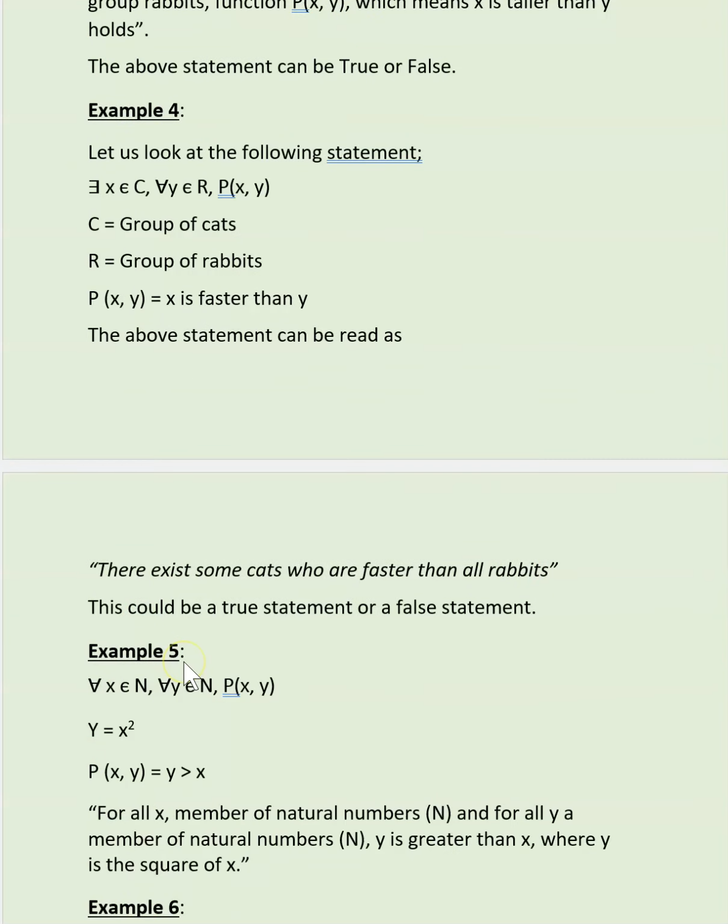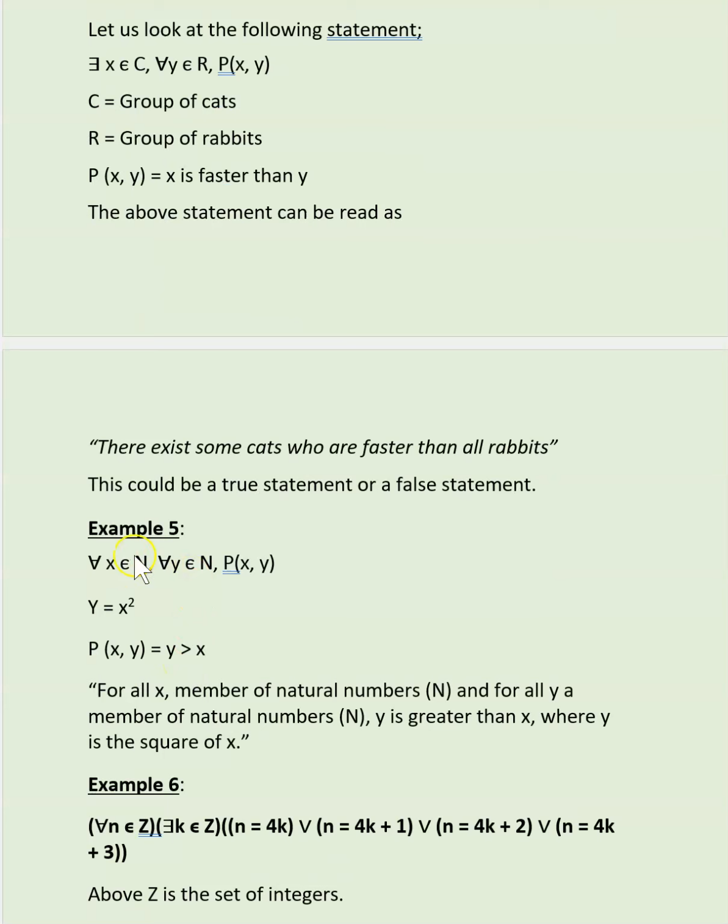Now let us look at another statement. Example 5. For all x a member of N, for all y a member of N, P(x,y): y equals x squared implies y greater than x. This is a true mathematical statement.